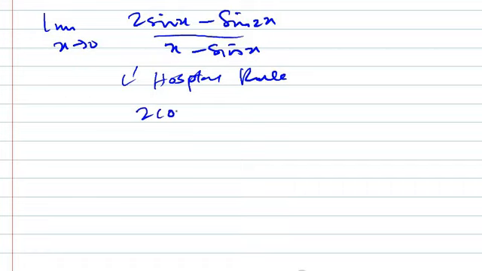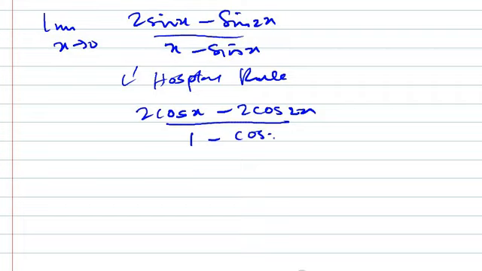You can see we have 2 cos x, minus, since x has a coefficient we bring it forward, 2 cos 2x. Then the derivative of x is just 1 minus, the derivative of sine is cos, so we have cos x.